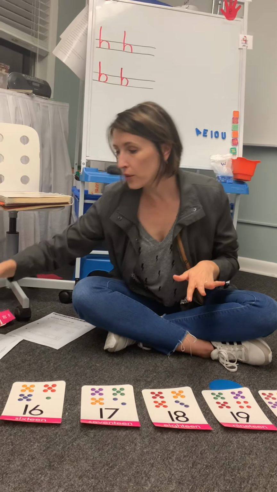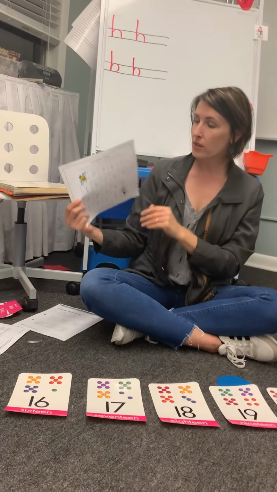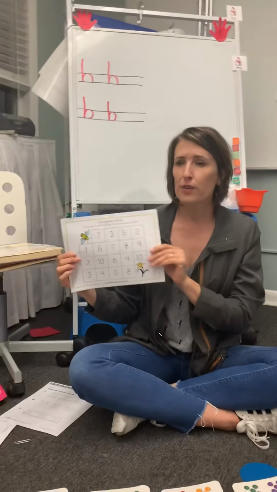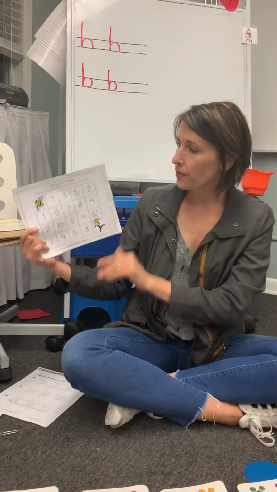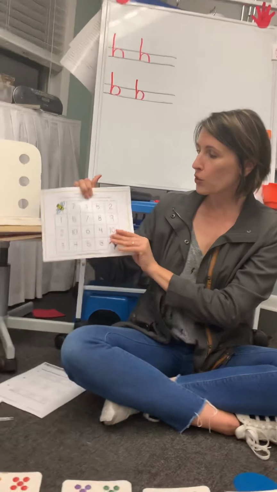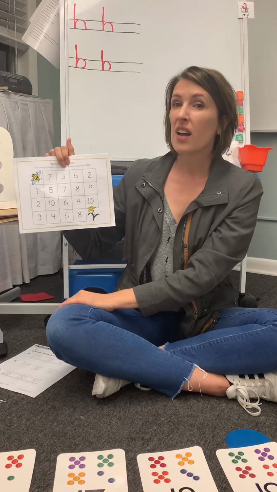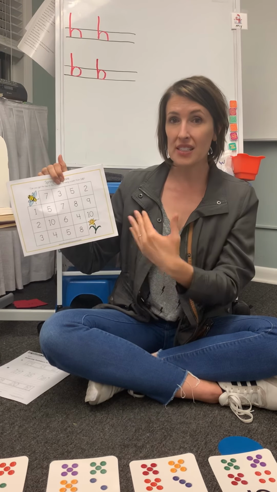There is one other thing that you can do if you get bored and want to do something else. You have this maze in your packet from, I think, last week as well. It's a maze where you try to figure out how to go from the bee to the flower in the right number order. They want you to go counting from 1 to 10.